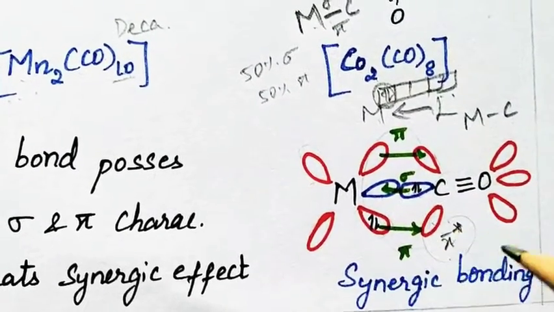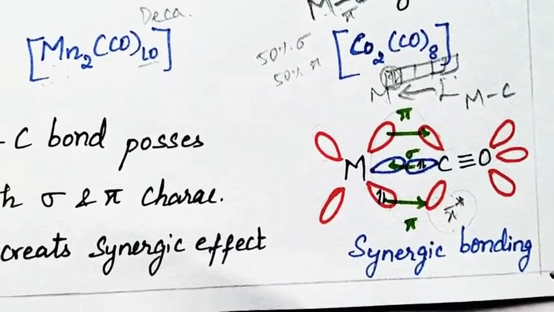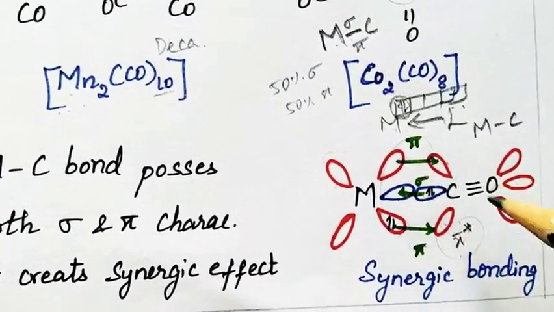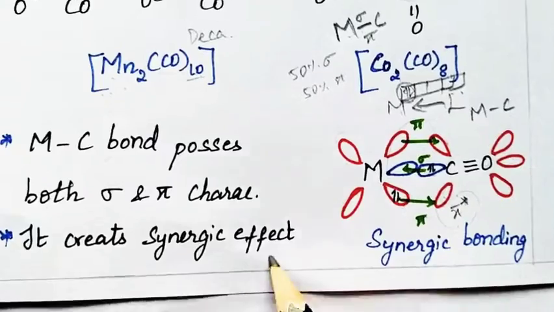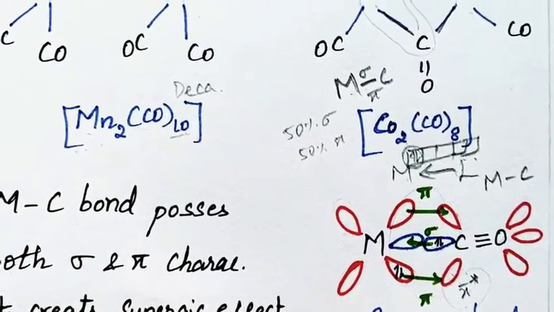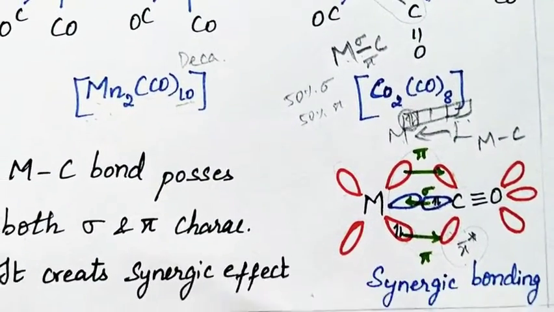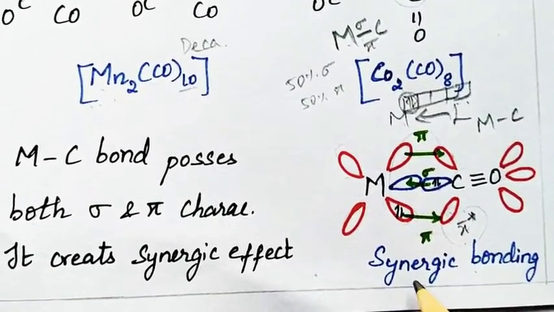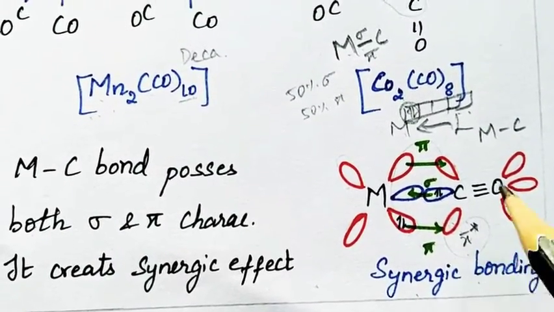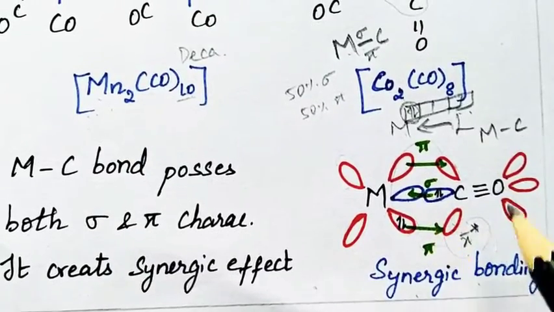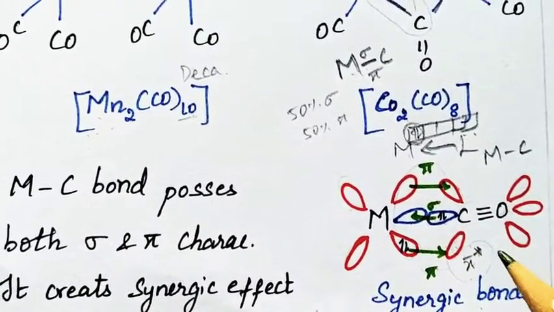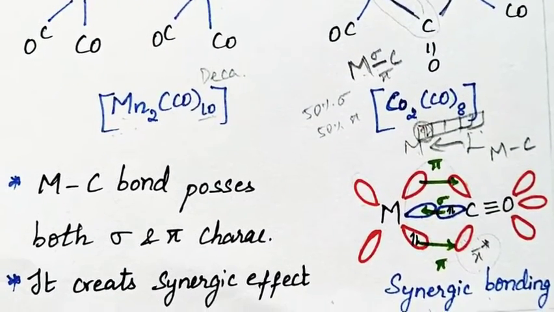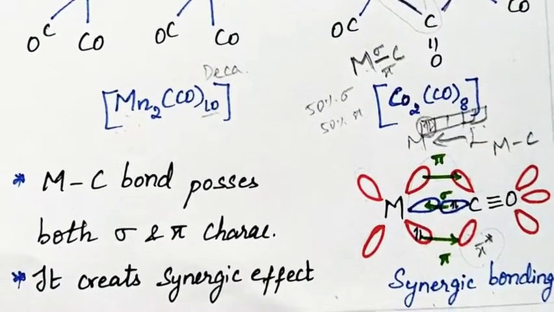This type of bonding is called synergic bonding, and it creates a synergic effect. We can say synergic bonding is self-strengthening bonding. If the synergic bonding is more, then the complex will be more stable. So these are the things about metal carbonyl compounds.